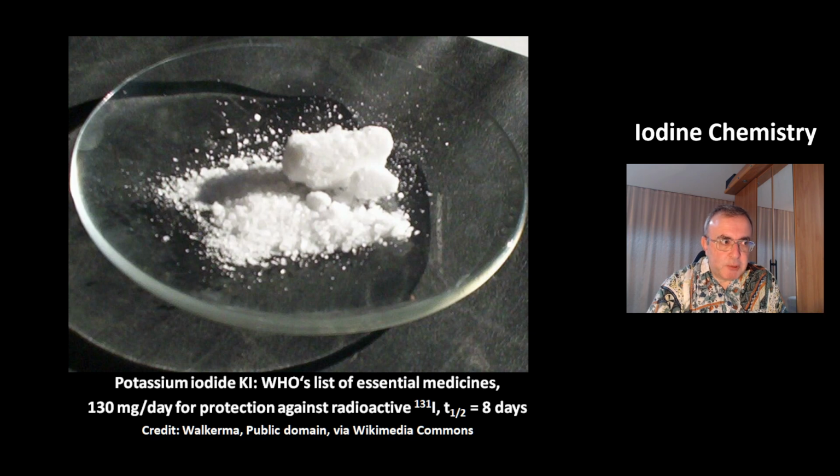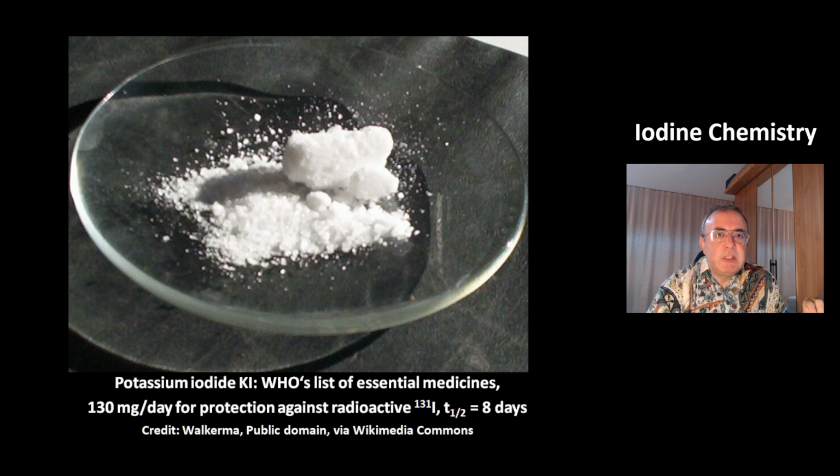This is a picture of potassium iodide, KI. This is in the World Health Organization's list of essential medicines. You need about 130 milligrams per day for protection against radioactive iodine-131, which has a half-life of 8 days. So the trick is to saturate the body with non-radioactive normal iodine.